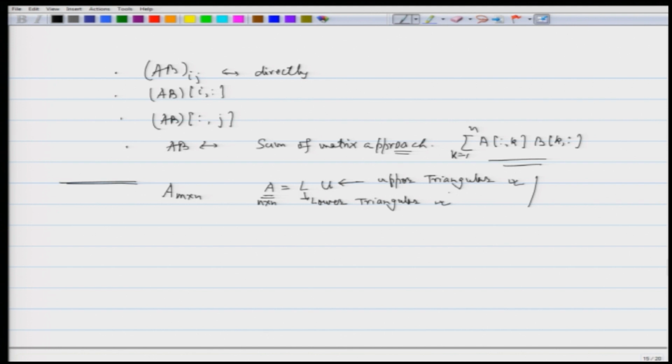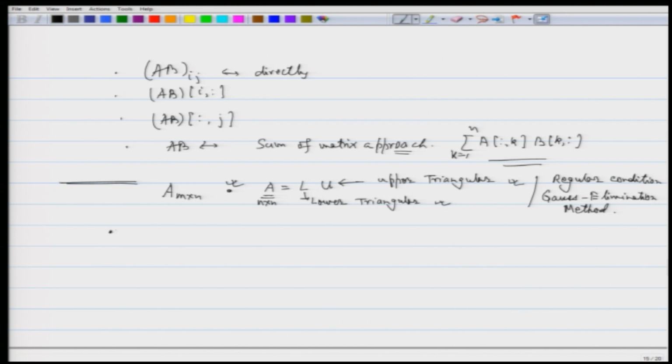We will need conditions, what are called regular conditions, and they will lead to what is called the Gauss elimination method. So, this is nothing but the Gauss elimination method for us. The first thing that we are going to understand is writing the matrix A as LU decomposition, L for lower, U for upper triangular decomposition.